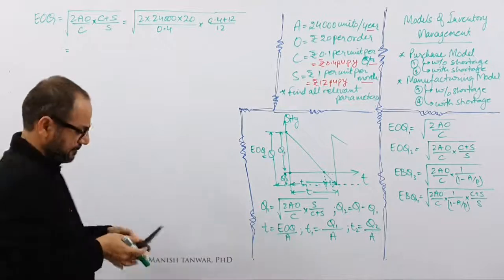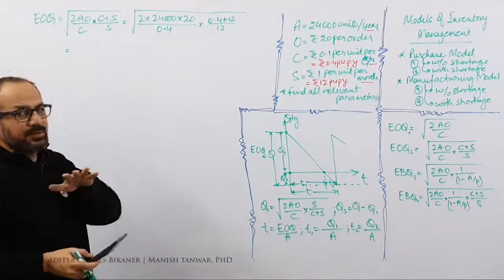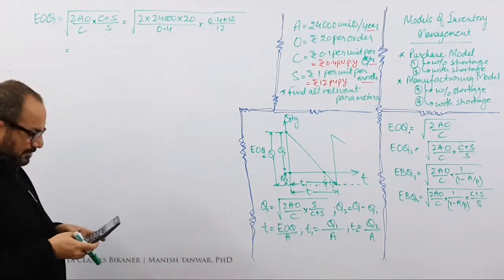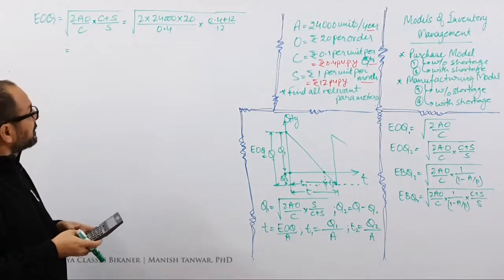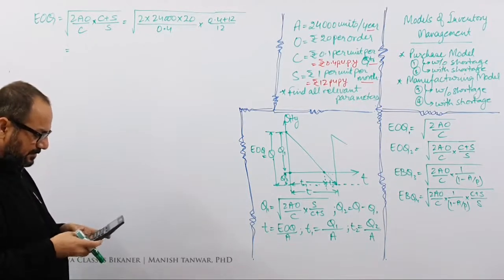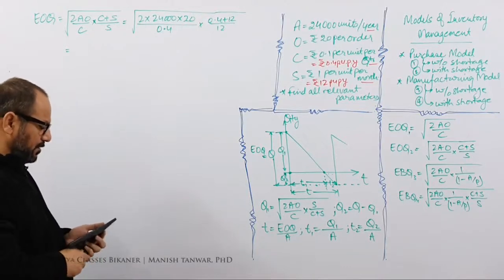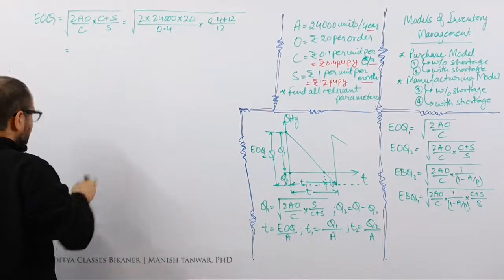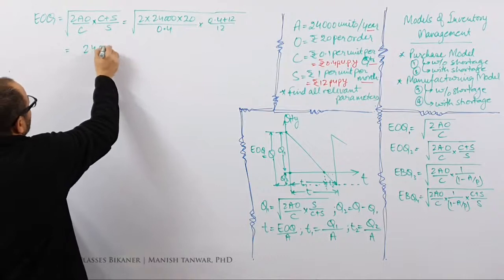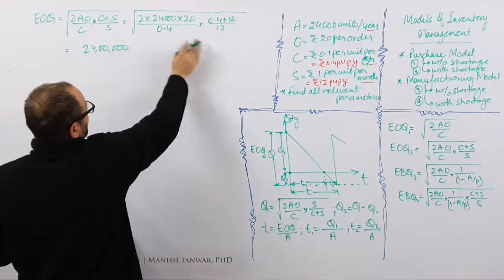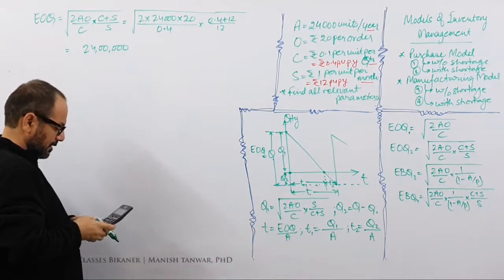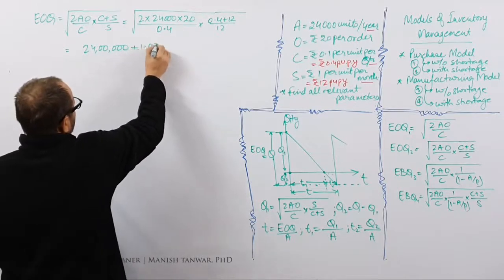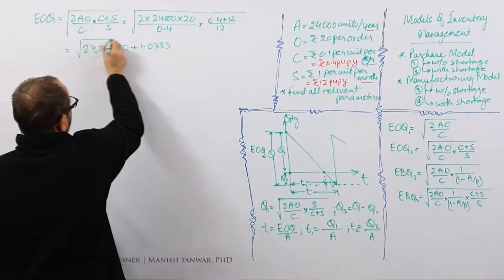Let us go ahead and solve this. You can pause the video, find out all these values by yourselves and then we'll tally it over here. And I'll solve it over here. So I get 2 multiplied by 24,000 multiplied by 20, divided by 0.4, giving me 24 lakhs. The next figure would become 12.4 divided by 12, making it 1.0333 under the root.